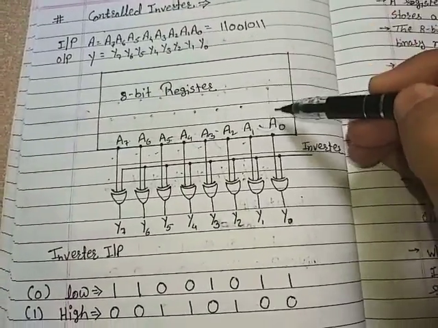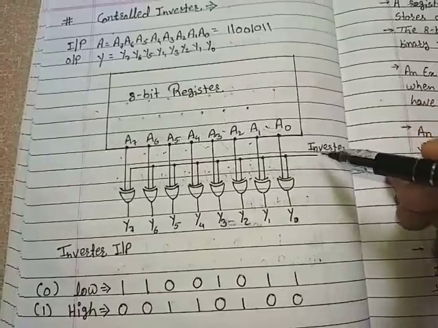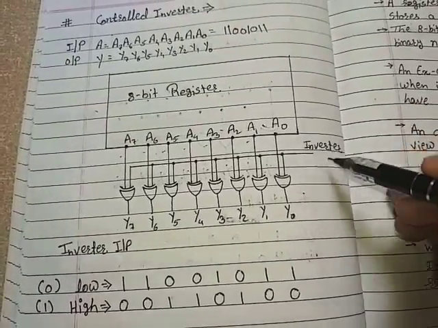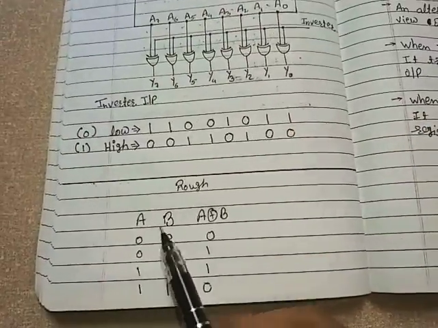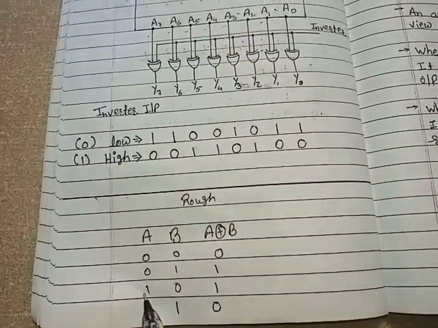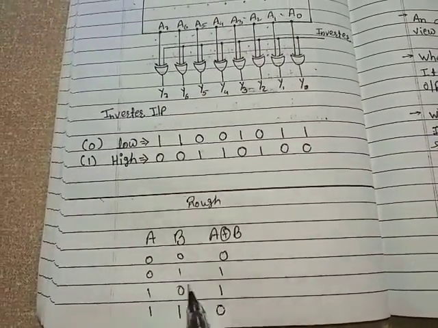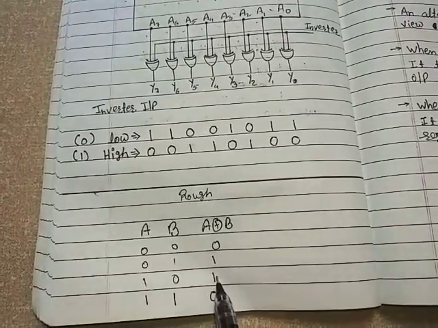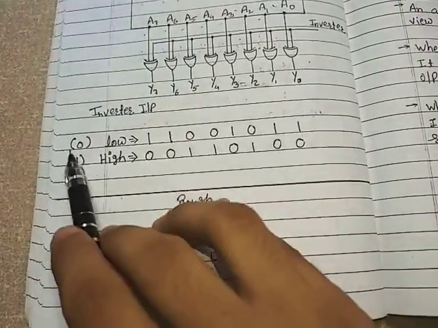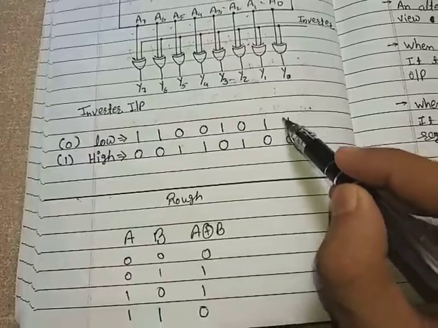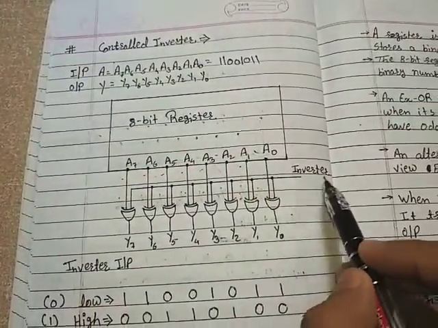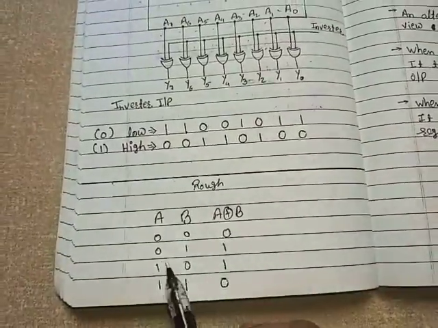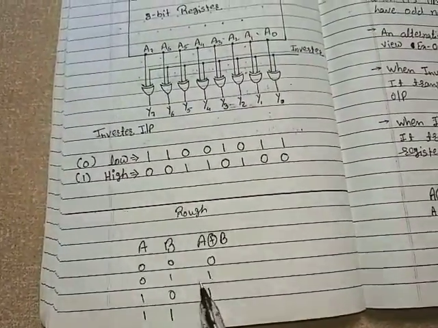A0 is 1, and the inverter is 0, low means 0, so 1 and 0. When one input of the XOR is 1 and the other is 0, A XOR B is 1. So the output at Y0 is 1. A1 is equal to 1, so 1 and 0, output is 1.